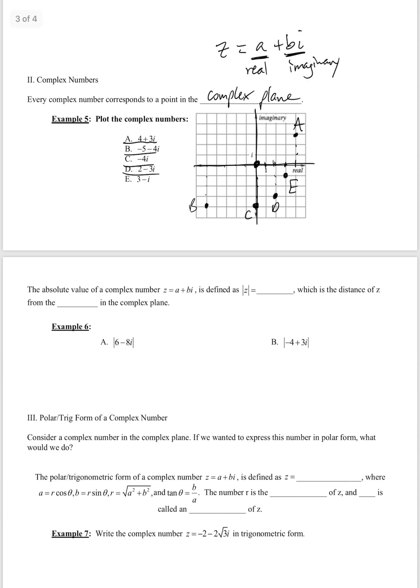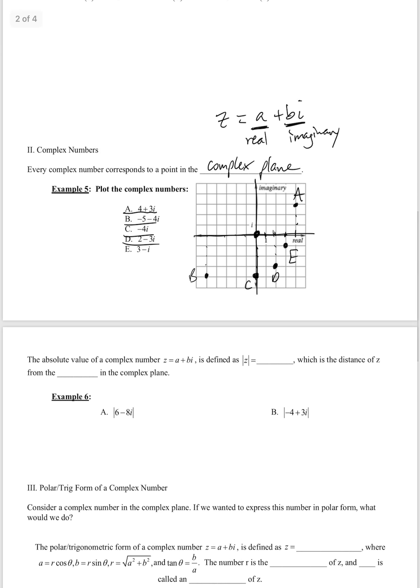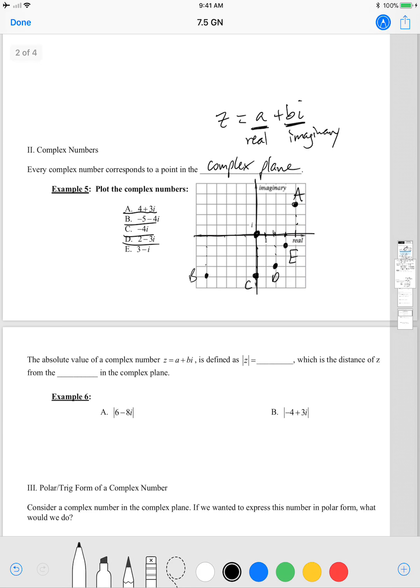So the absolute value of a complex number, z equals a plus bi, is defined as the absolute value of z. We still use the same absolute value bars. Equals, well, let's consider a right here. So I want to know what this distance is. That's going to be the absolute value, the distance from 0, the origin.